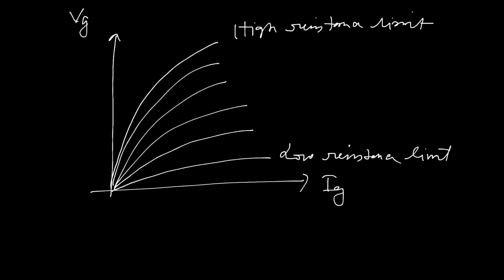In all cases, it should be present between this region which is confined by the high resistance limit and the low resistance limit. So we can say these all are the actual characteristics of the individual thyristor for a given type. Okay.